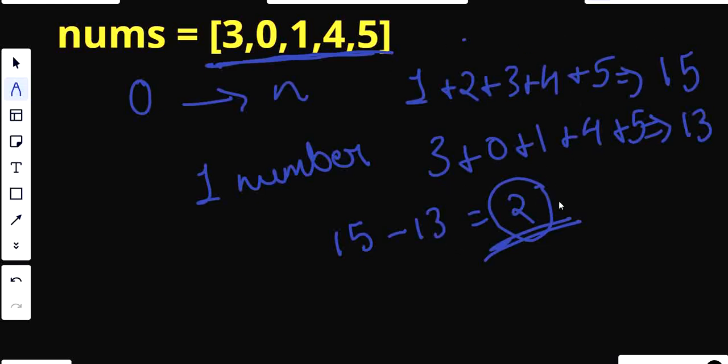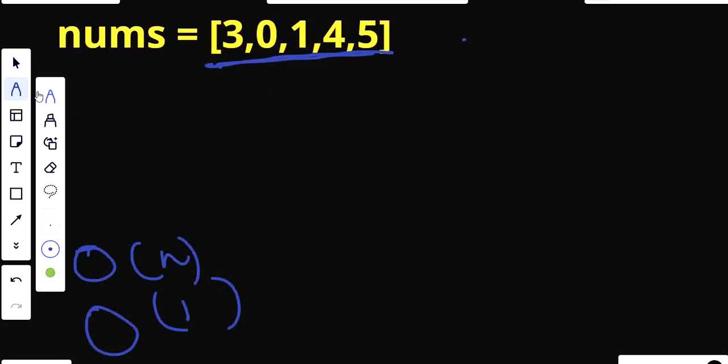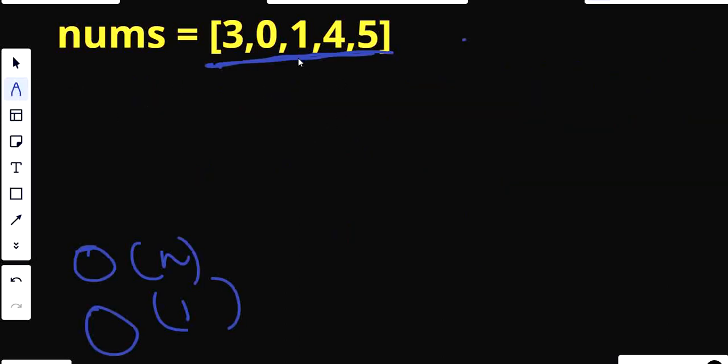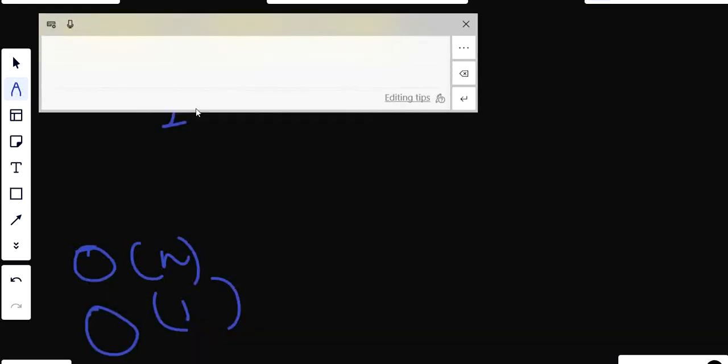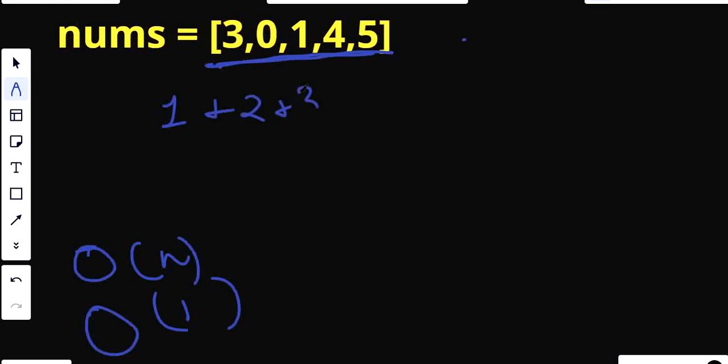So this was the third approach, and it will take time complexity of big O of n, because we are traversing this array to add it up, right, for obtaining the sum. And space complexity will be big O of 1. Now, rather than running a loop from 0 to n to get the expected sum, we can use one formula, because we know that 1 plus 2 plus 3 up to n is equivalent to n times n plus 1, divided by 2, right?